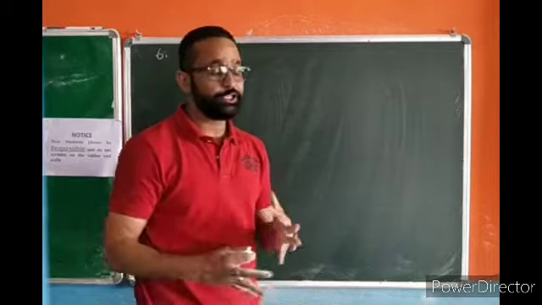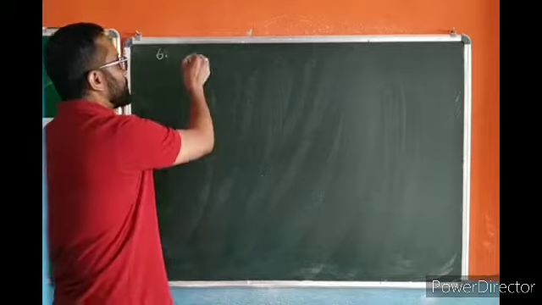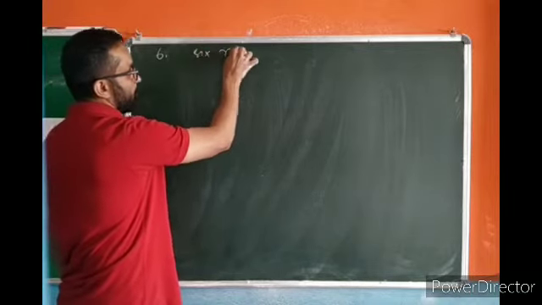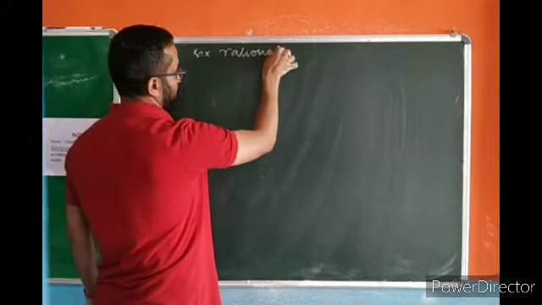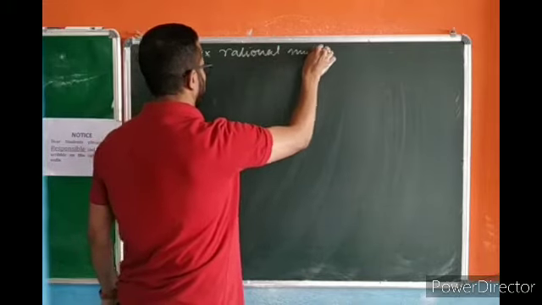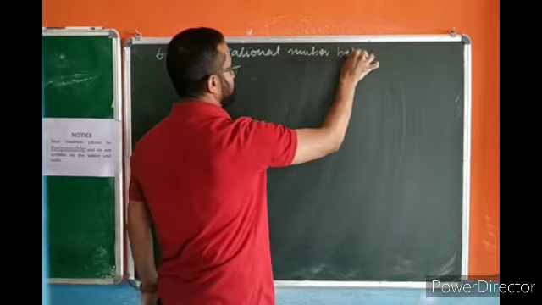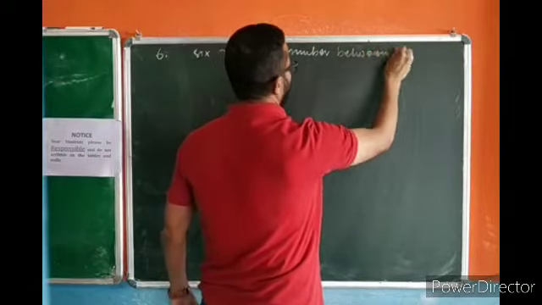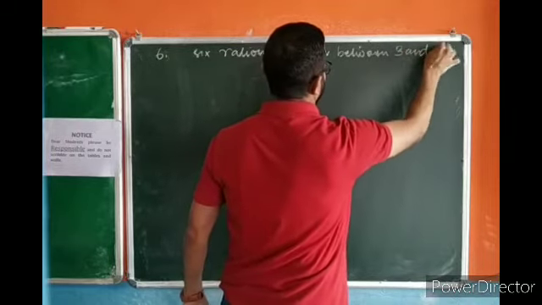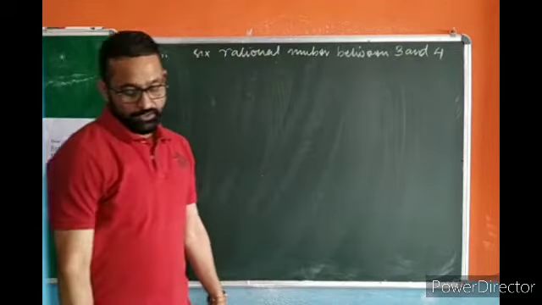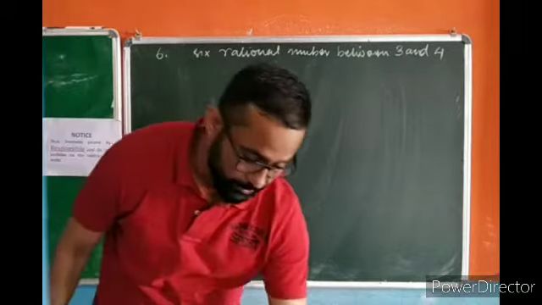Question says that insert 6 rational numbers between 3 and 4.